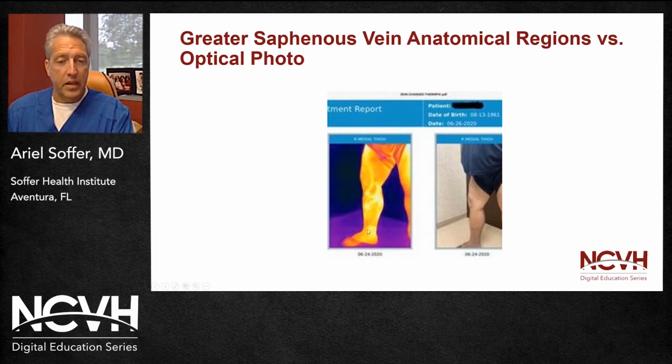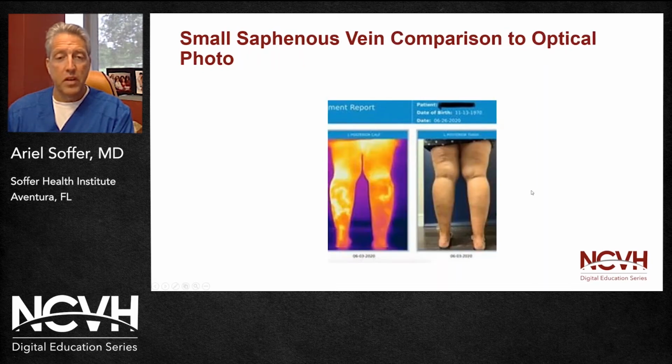Here we have a GSV that was known to be insufficient, mostly because of the skin changes you can lightly see here, chronic venous stasis changes suggesting venous insufficiency. This patient was known to have venous insufficiency, but the vein, which is not visible to the naked eye, was very clear and had some tributaries we were not even aware of, so it helped us substantially in mapping this particular patient in the greater saphenous region.